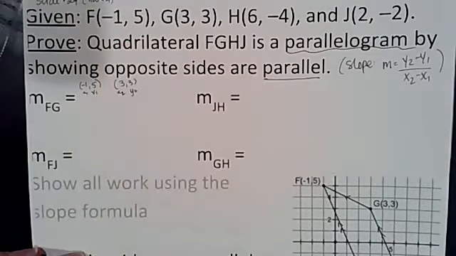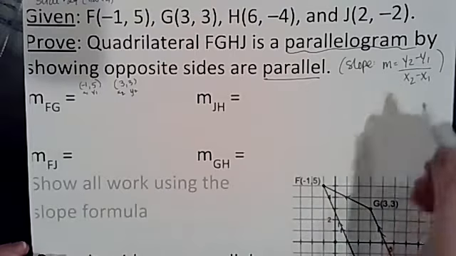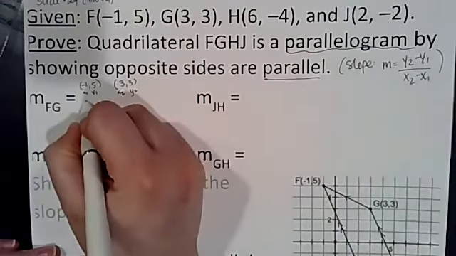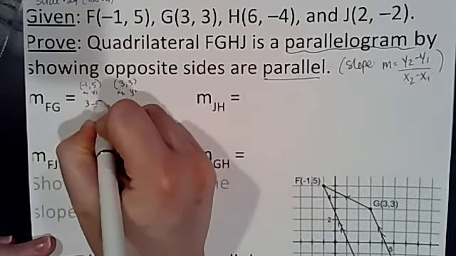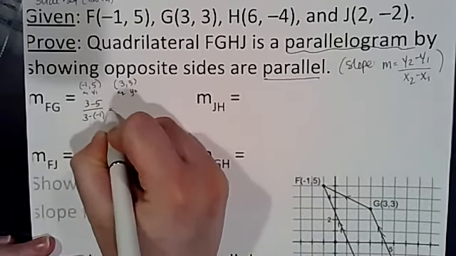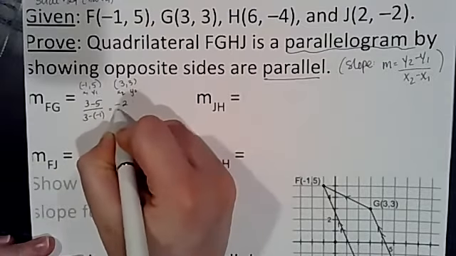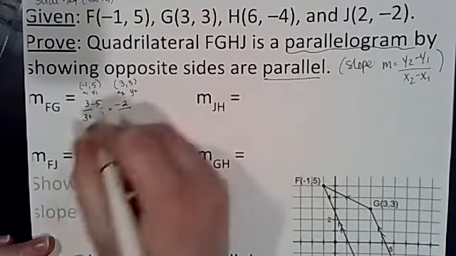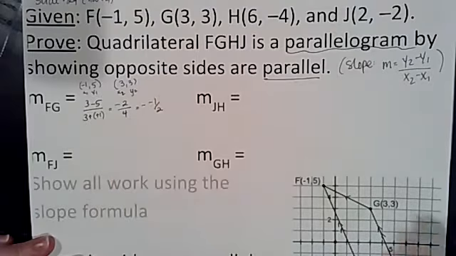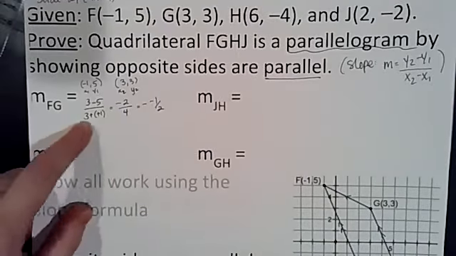Then you plug into the formula: Y2 minus Y1 over X2 minus X1. So it's 3 minus 5 over 3 minus -1. 3 minus 5 is -2. This turns into addition, that's 4. So my result is -1 over 2. That's my slope for F to G.